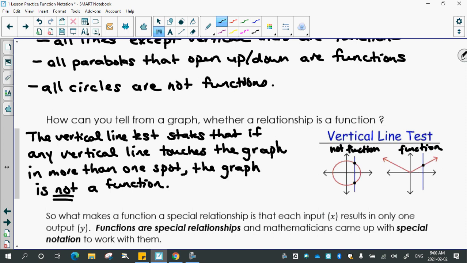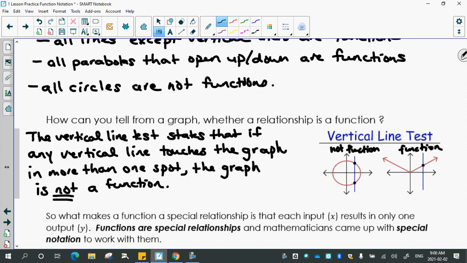So the vertical line test states that if any vertical line touches the graph in more than one spot, the graph is not a function. Okay, so it's kind of a quick test that you can do with either your pencil, ruler, pen, okay, finger.